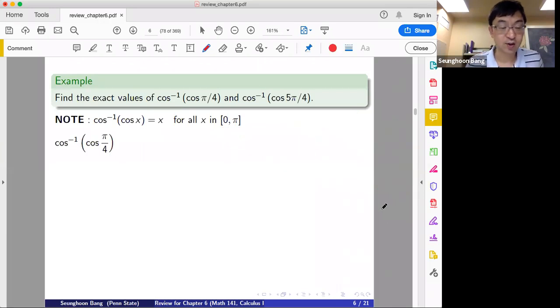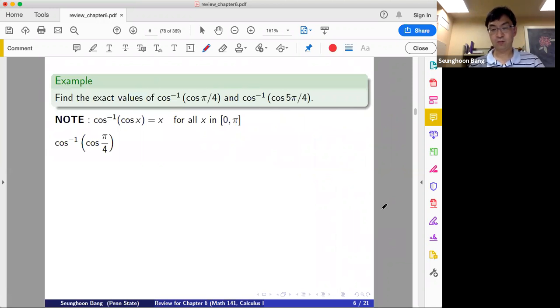Anyway, what is the answer? Could you write your answer on the chat board? What is the inverse cosine of cosine of pi over 4? What is your answer? Pi over 4? Is it right? Pi over 4? Okay, I'm waiting for your answers. Okay.